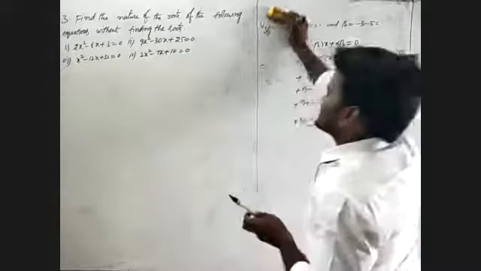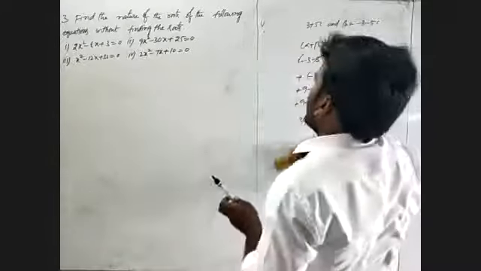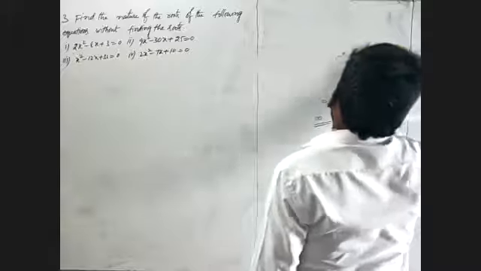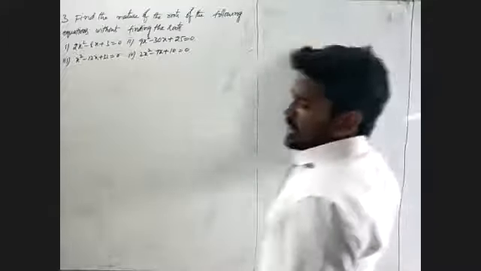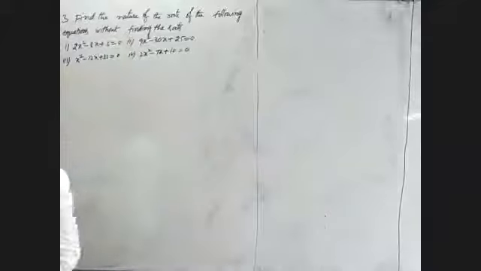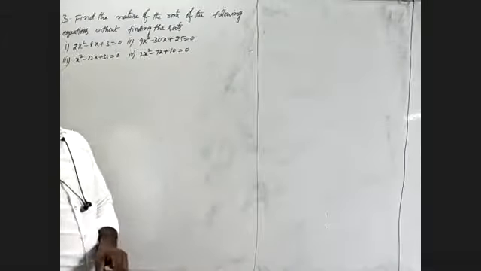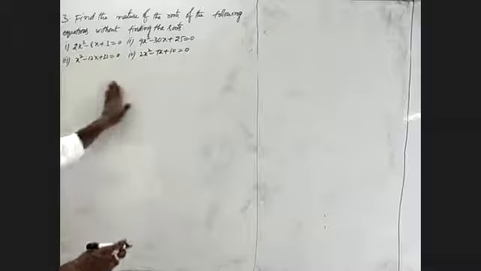What I am asking in this problem: find the nature of the roots of the following equations without finding the roots. Already we discussed discriminants in the previous class. What is called a discriminant?